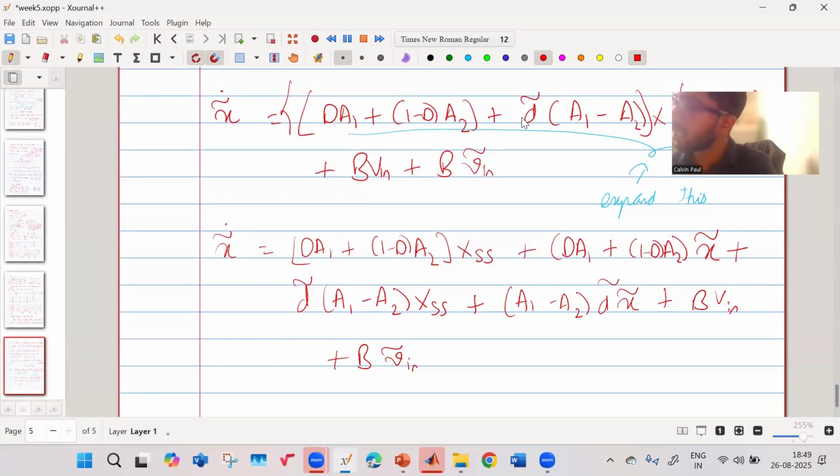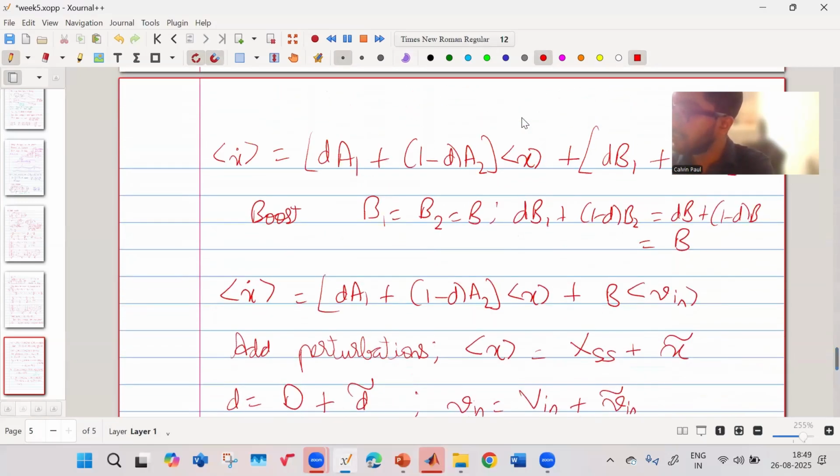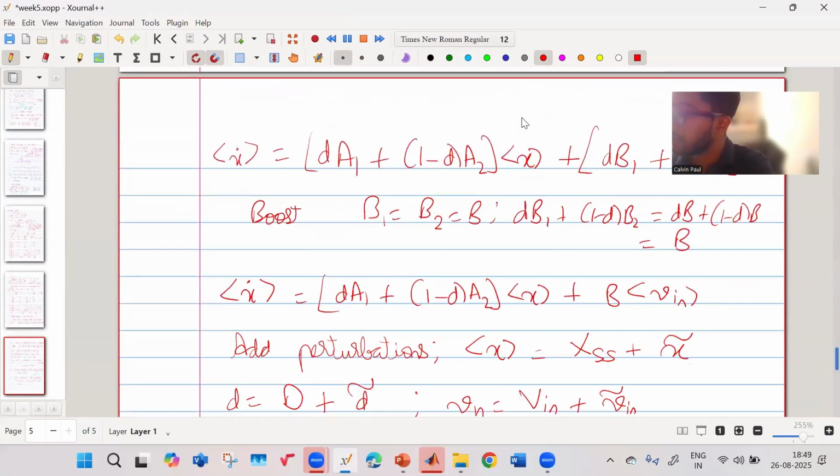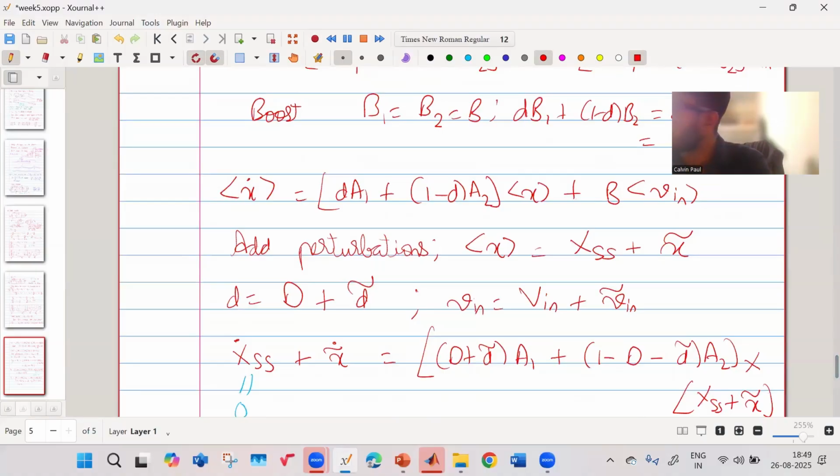So what we assume when we are doing this is that these perturbations are very small. So when we multiply a small quantity by a small quantity, it becomes smaller. A simple example: if you multiply 0.1 by 0.1, you get 0.01. It becomes even smaller, right?